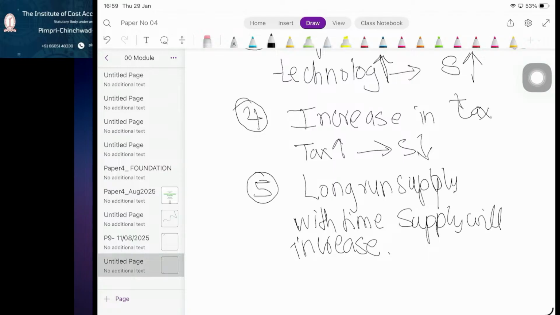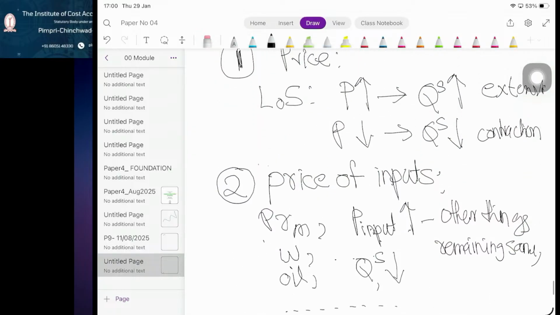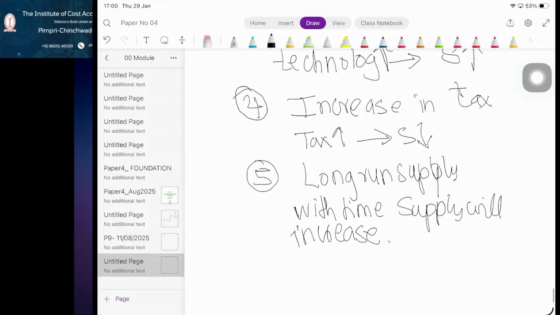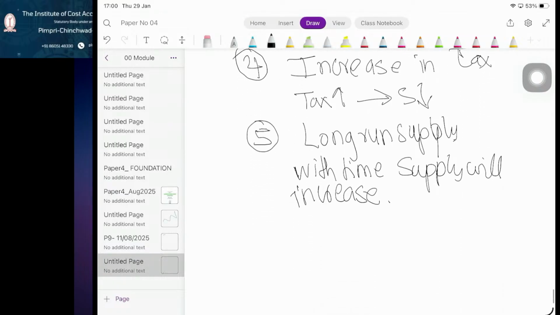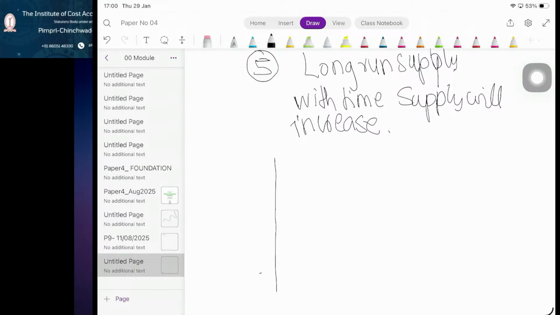So just like demand, there are these multiple determinants of supply. Say, for example, if this was the price and this was the quantity supplied, there's an upward relationship between price and quantity supplied.